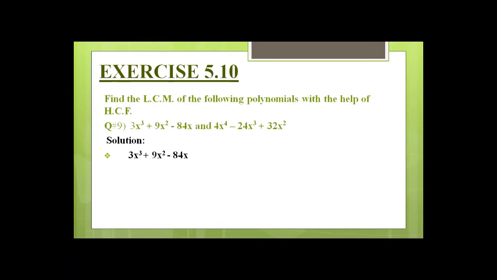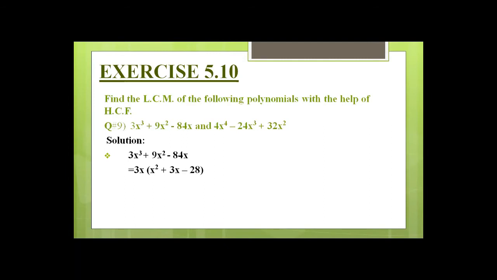So first take 3x as common element. Take 3x common and write the leftover elements. When you take 3x common from the first term, x square is remaining. From the second term, 3x remaining, and from the third term the remaining element is minus 28.